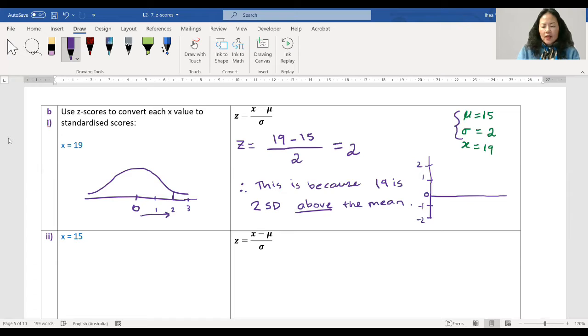When we look at your HSC results, this is what we look at. So we know that it's going to be above the mean, and some years we go down below the mean. So that's why the words we're going to use are above and below. But technically we are moving to the right, and if it's negative, we're moving to the left.